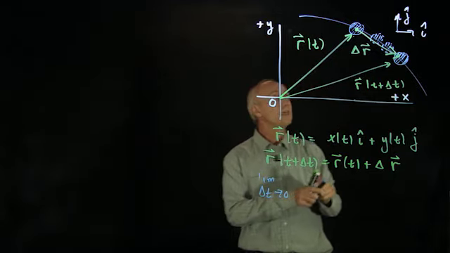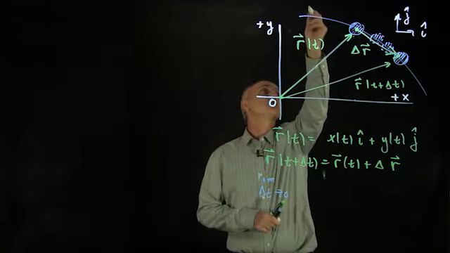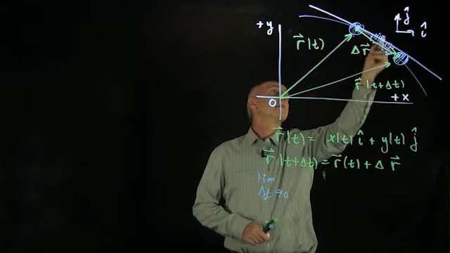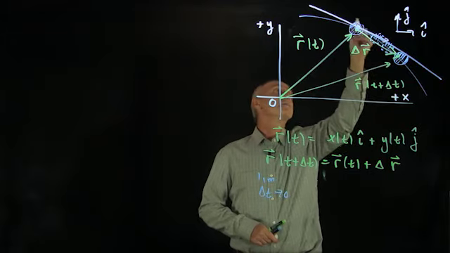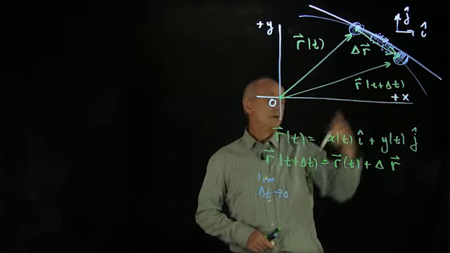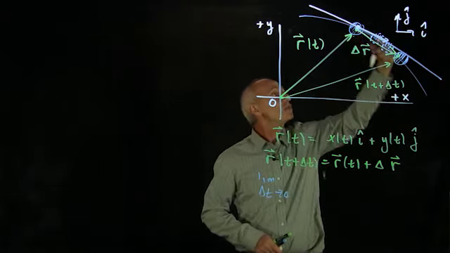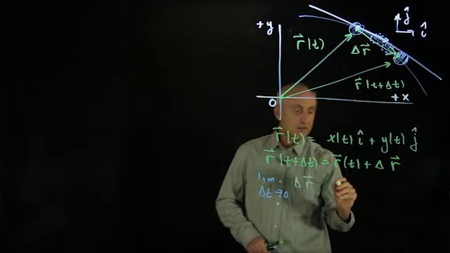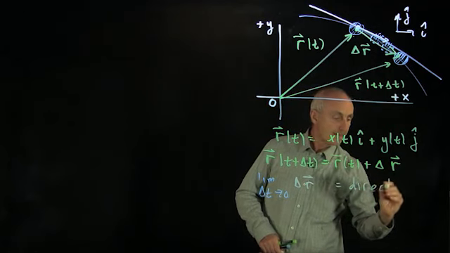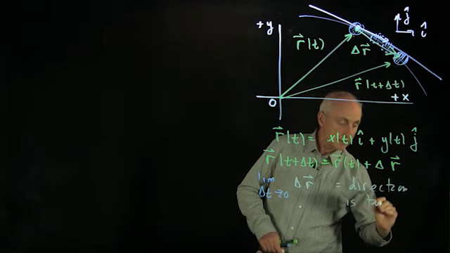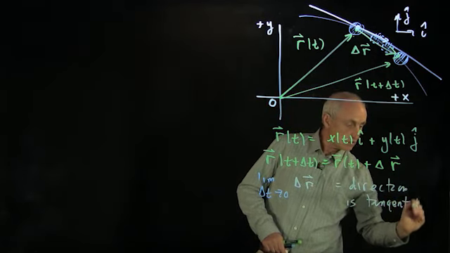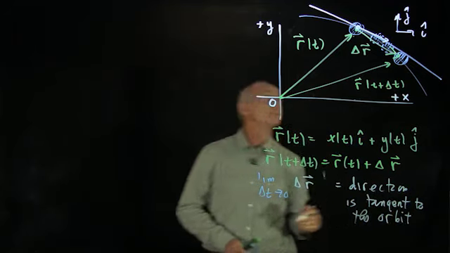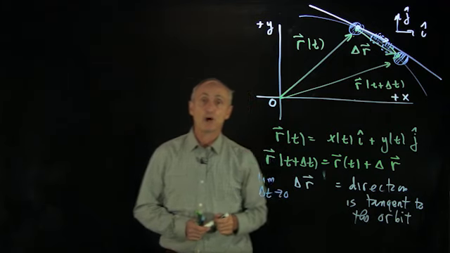The key fact is that if we drew a tangent to the orbit, then the limit of delta r is approaching tangent to the curve. So in the limit, the direction of delta r is tangent to the orbit. So that's our first key property of delta r.